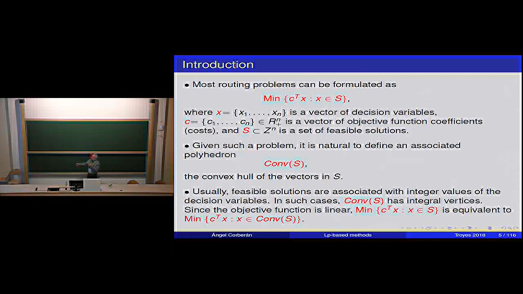Since our feasible solutions, I mean the vectors in S, are associated with integer values of our variables, in that case the convex hull has integer vertices. And then, since the objective function is linear, solving our original problem is equivalent to minimizing the same objective function on the convex hull of our solutions.